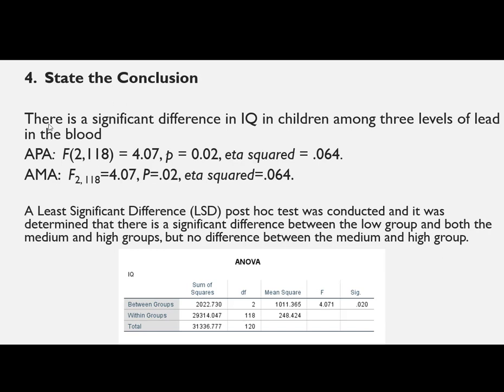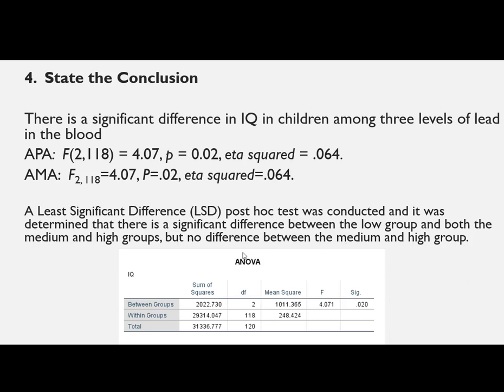We would state in words that there is a significant difference in IQ in children among the 3 levels of lead in the blood. And here it is in APA, and here it is in AMA. And because we're going to report the post hoc tests that were significant, I'm going to say a least significant difference post hoc test was conducted, and it was determined that there is a significant difference between the low group and both the medium and high groups, but no difference between the medium and high group.